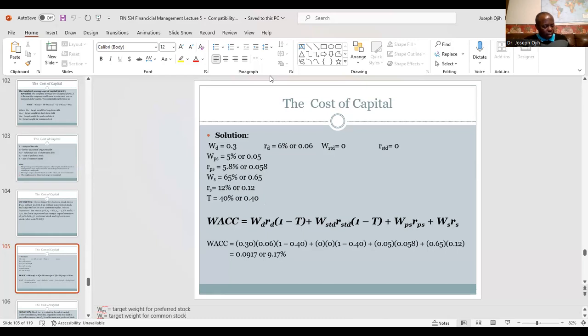WPS 0.05, okay. RPS is here. Okay, 5.8%. Okay, WS is 0.65. Then RS, which is the cost of common stock. Then tax is 0.4. Then 0.3. Okay, let me look at the calculation again, see why my answer is so high.